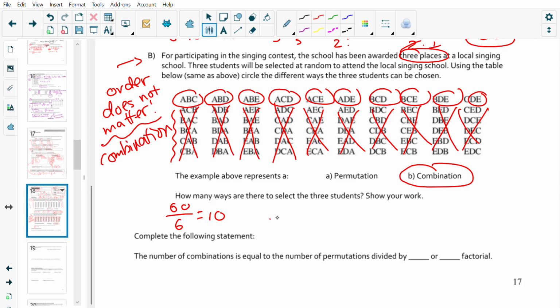Or if we use the combination formula, so there's 5 students. How many ways can we group them into 3? So a combination of 5 things taken 3 at a time. 5 factorial over 5 minus 3 factorial, 3 factorial.